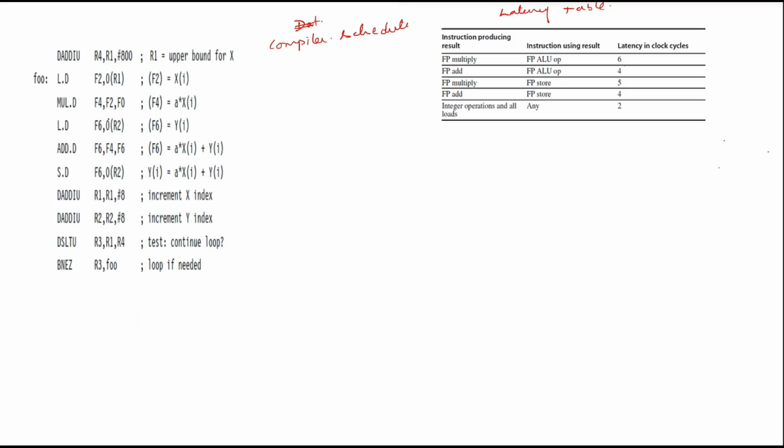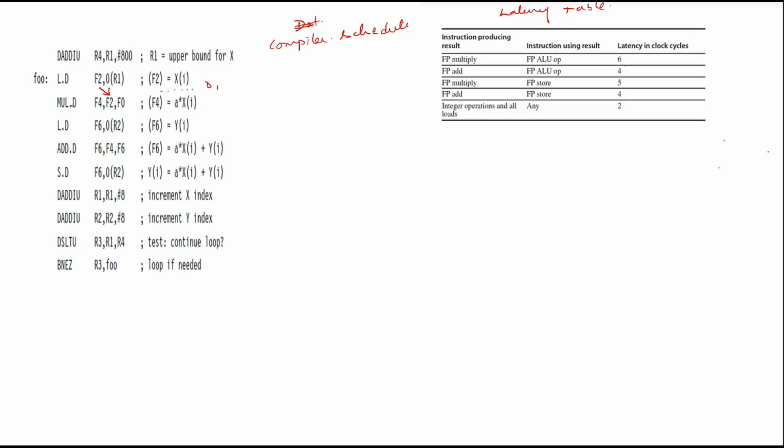Just find whether there are any data dependencies. If you have a data dependence, you will have a stall, or else you won't have stalls. Understood? So if you take the instructions load and mul, you have a data dependence, because whatever the load is going to load, only those values are going to be used by the mul. So assume that this is one data dependence existing here.